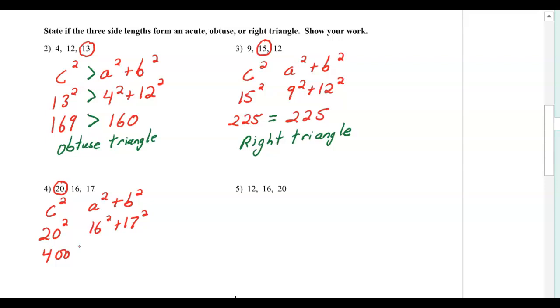And when I type 16 squared plus 17 squared in my calculator, I get 545. So c squared is less than 545, meaning 400 is less than 545. So this is an acute triangle.